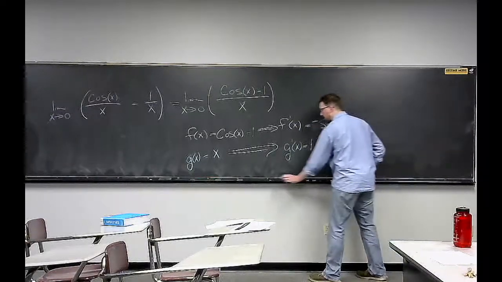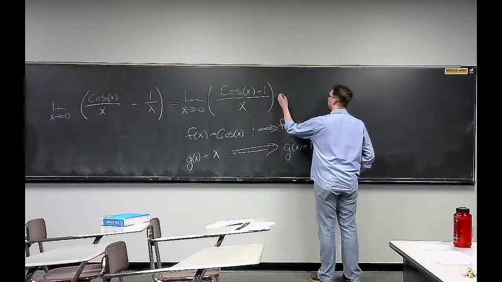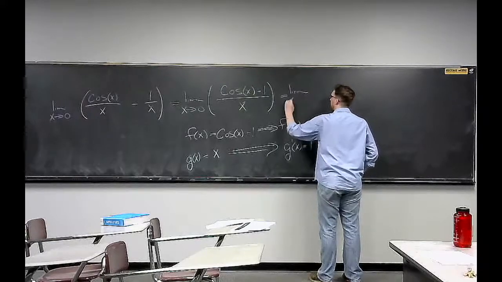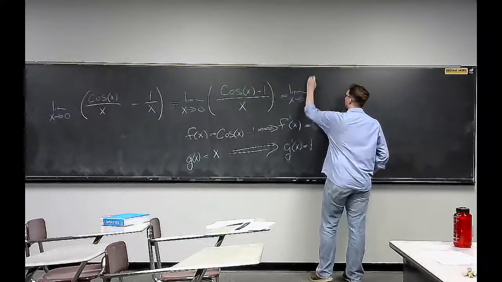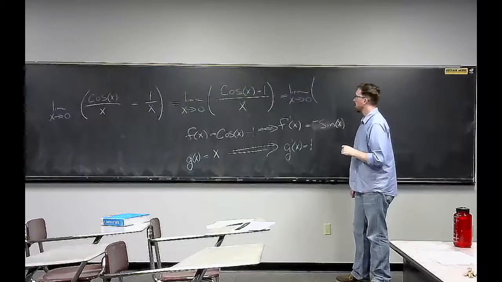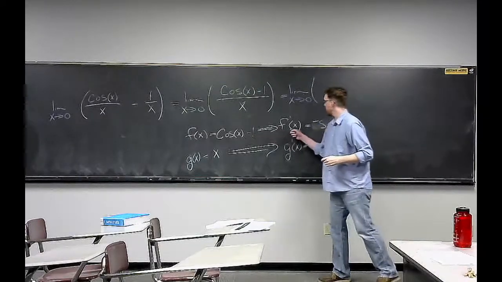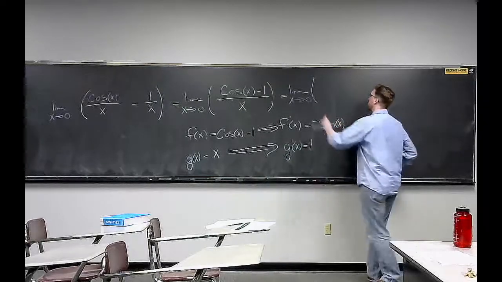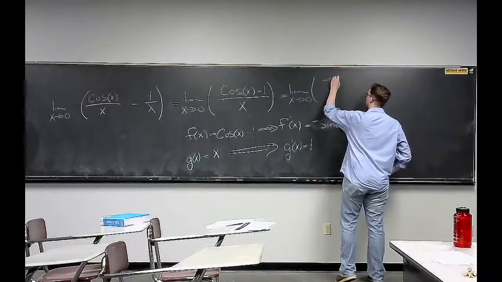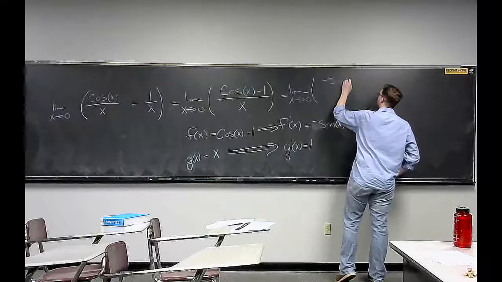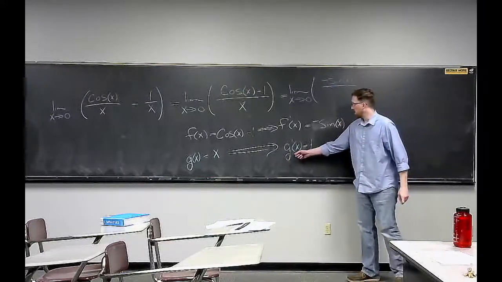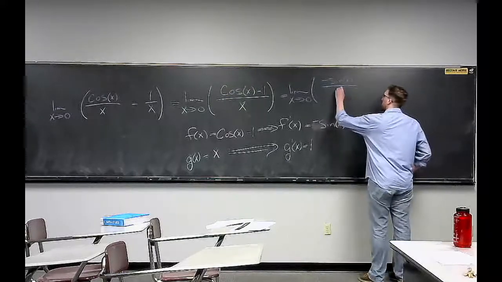So by L'Hopital's, we know that this thing is equal to the limit as x approaches 0 of the derivative of our numerator, negative sine of x, divided by the derivative of our denominator, 1.